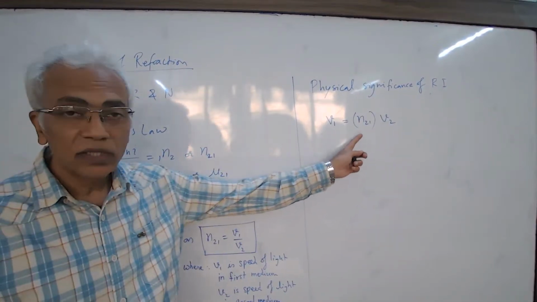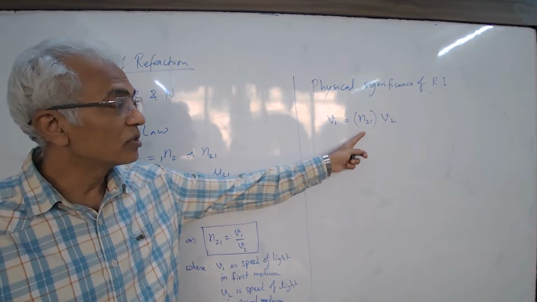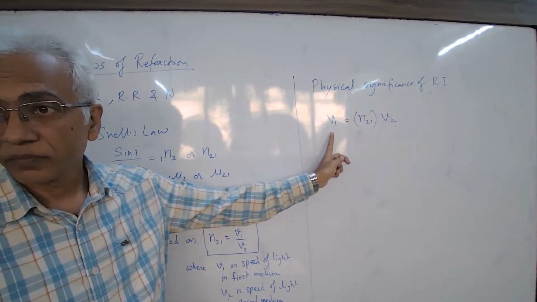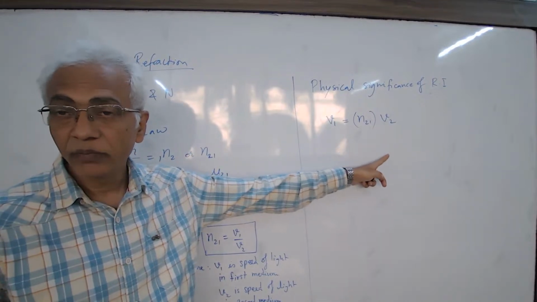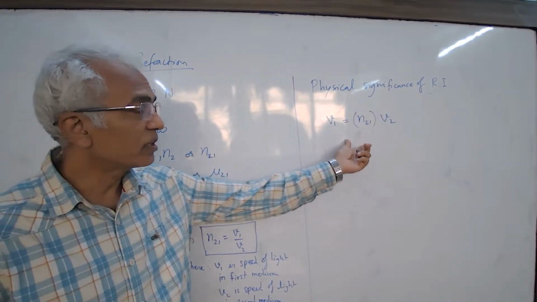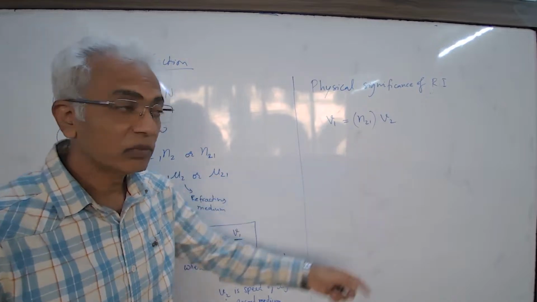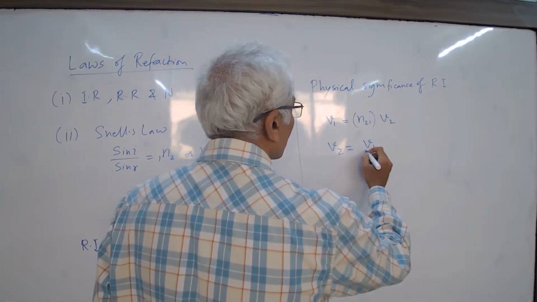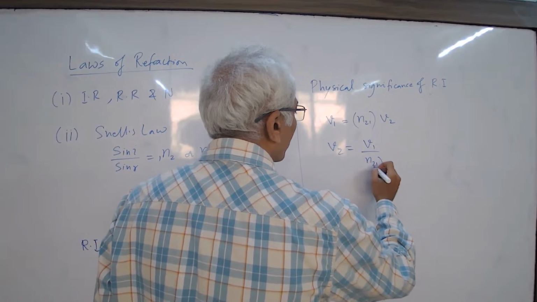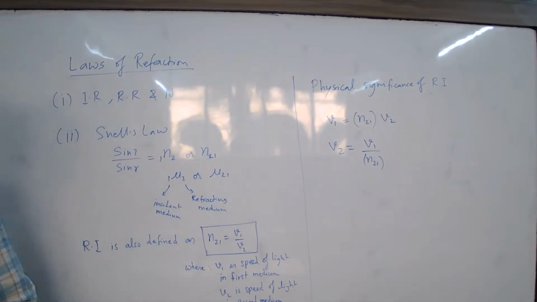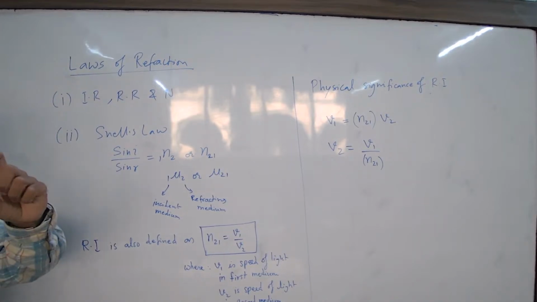So refractive index is the factor by which the speed of light will increase in vacuum over its speed in the medium. Or it is also the factor by which it will decrease in the medium, if you write it like this. Okay? n21, the refractive index of second medium with respect to first medium, is actually a number.